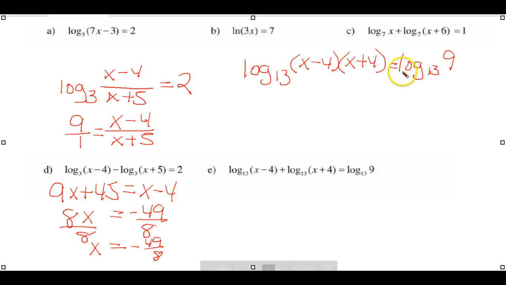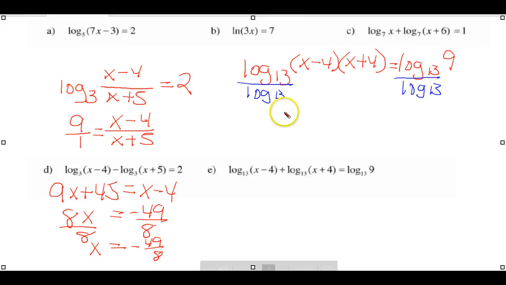Okay, so as we do this, I've condensed it a little bit. Now, since there's a log 13 on this side and a log 13 on this side, I can get rid of those just by dividing them out. Log 13, log 13.